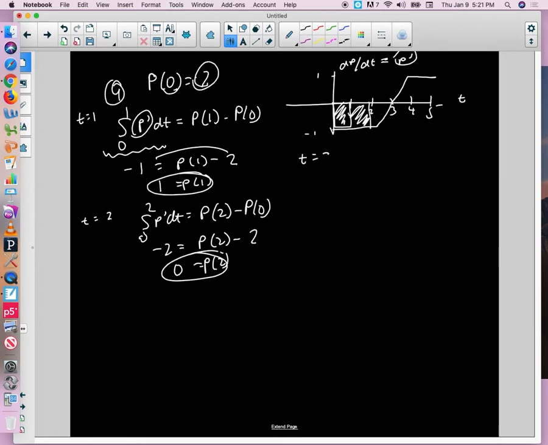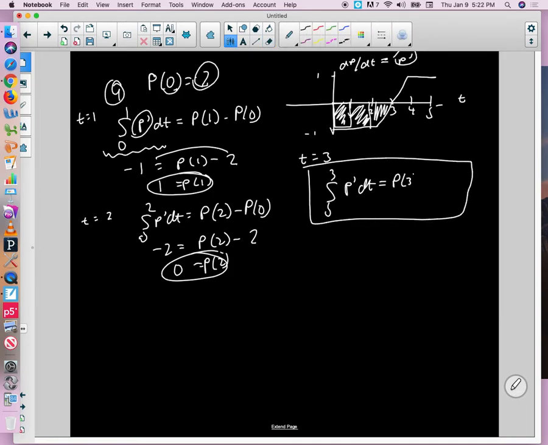For t equals 3, I have the integral from 0 to 3 of dp dt, or p prime. And so now I'm going to go all the way to 3, and I believe that gives me negative 2.5. I'm sorry, I'll write that in a minute. I always just write out all of the algebra first. This means to me p of 3 minus p of 0.